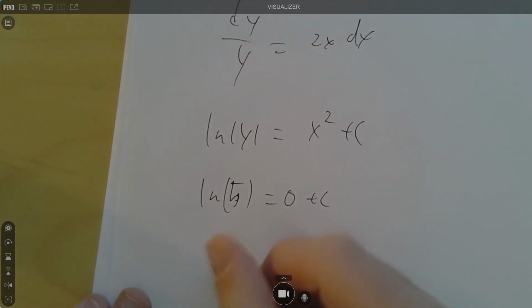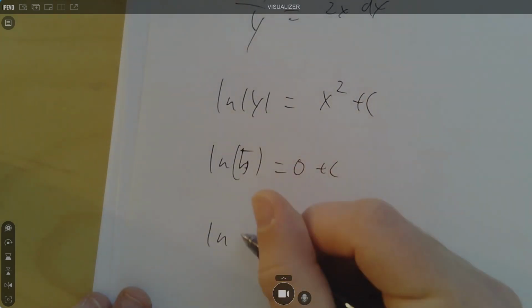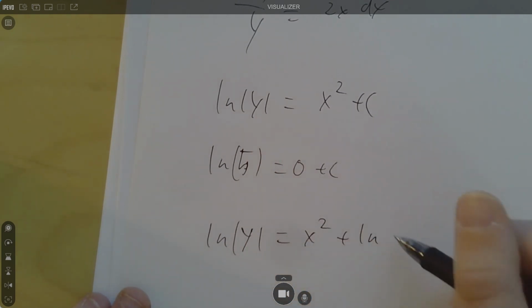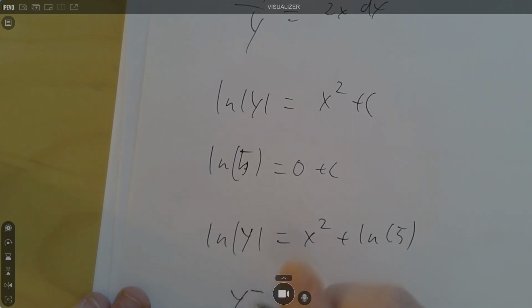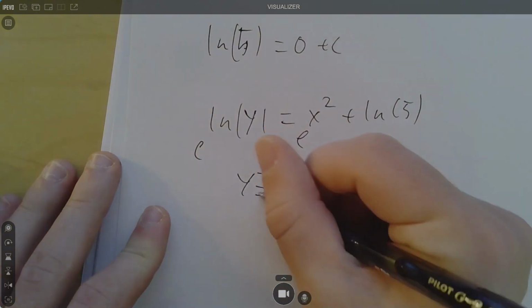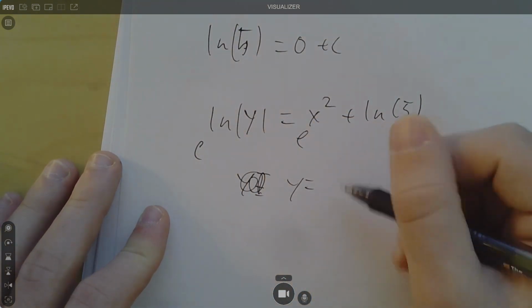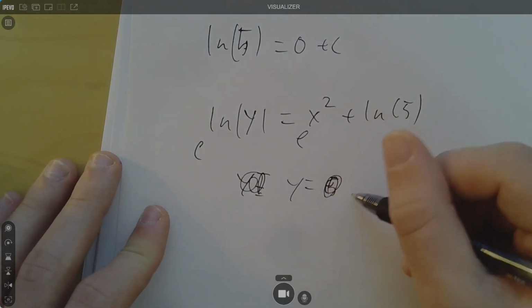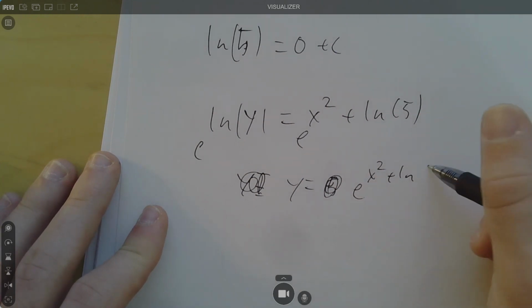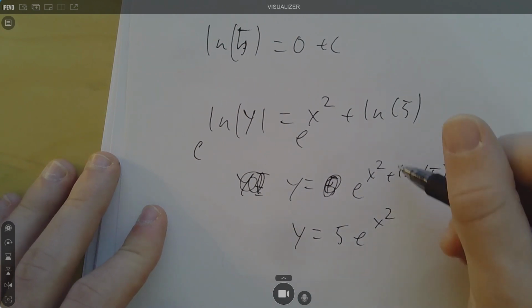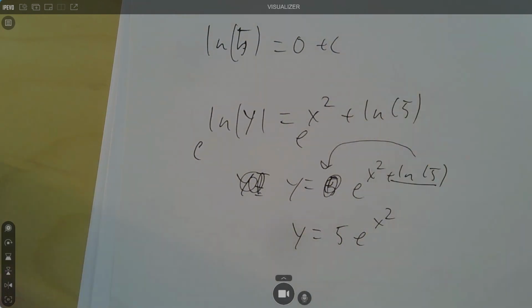So we'll go back to there. Ln y equals x squared plus ln 5. So therefore, when you exponentiate, y equals e to the x squared plus ln 5, which is the same as y equals 5e to the x squared, because again, this ln 5 can move down to the front as a 5.